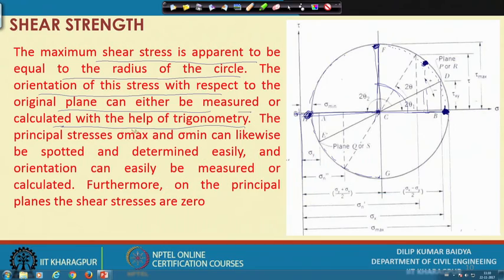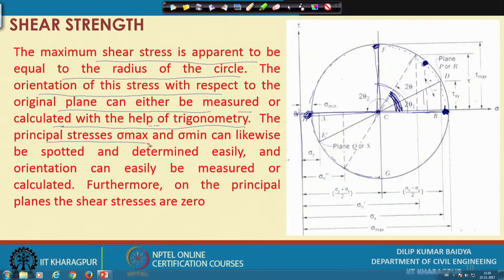But if I want to do many calculations it is tedious, whereas once you draw the circle I can find out everything graphically. So, it can be done either trigonometrically or by measuring the angle. Suppose I measure this angle, it is the angle in the circle, but on the actual element it will be half of that.